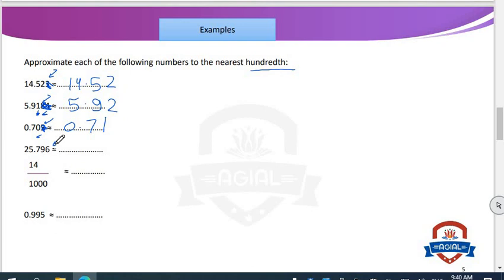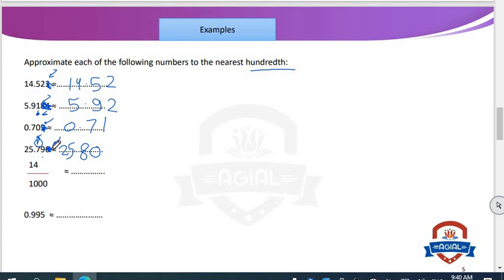So 9 become what? Super, become 10. We write all 10? No. We write 0 and carry up 1. 1 plus 7 equal what? Super, equal 8. And put point 25. And remove these digits and all the other digits to the right.